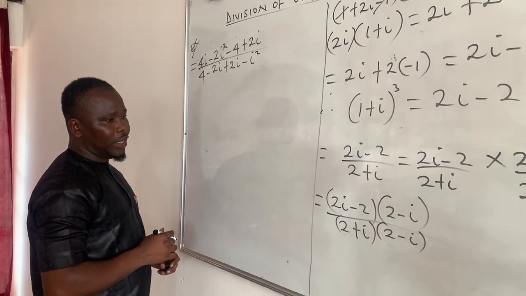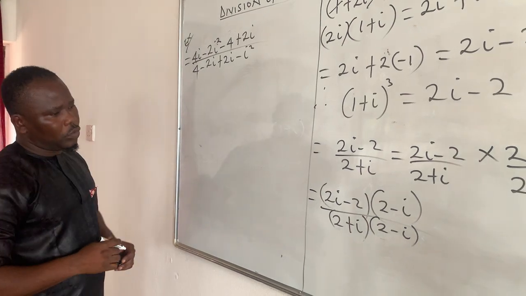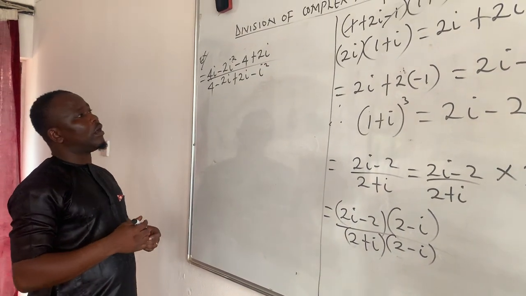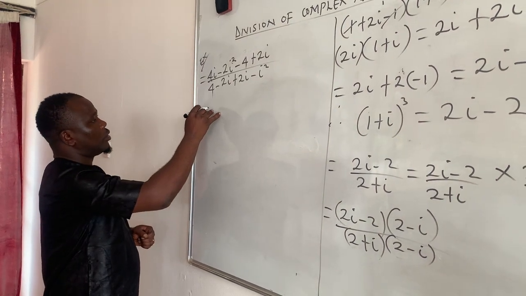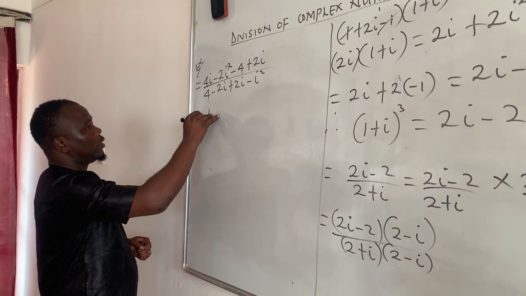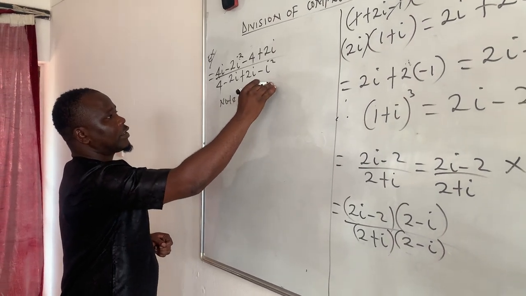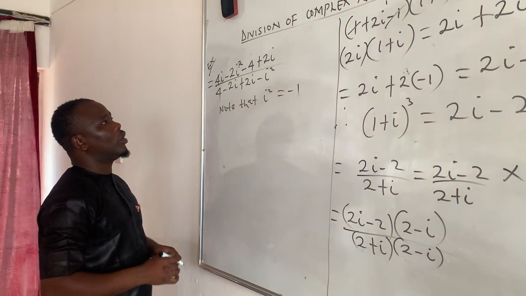Minus i squared. But note that for a complex number, i squared is always equal to minus 1.